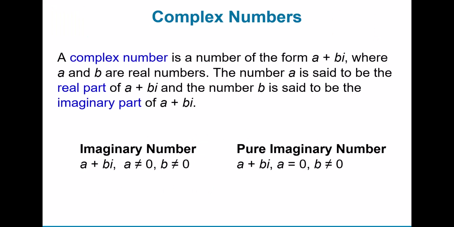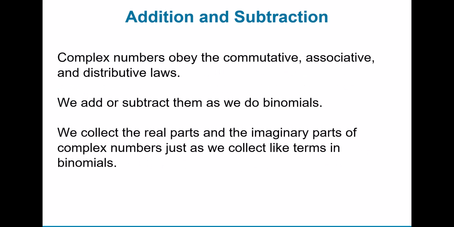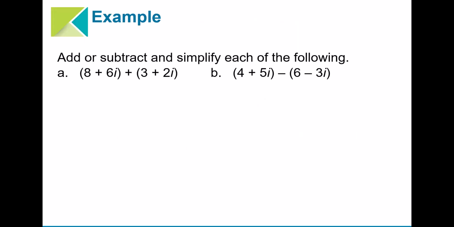All right, a complex number, once again, is in this form where a is said to be the real part and bi, because it has the imaginary, is the imaginary part. So you may be asked to do some type of calculation, such as adding, subtracting, multiplying, and dividing. We can add and subtract.